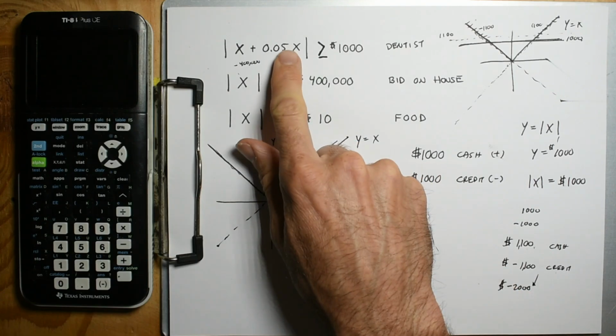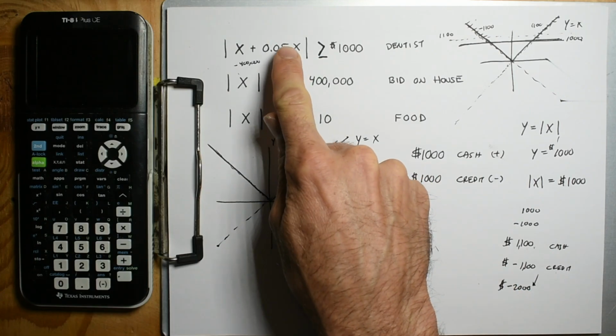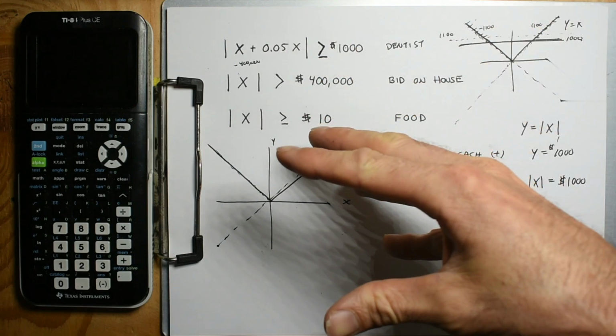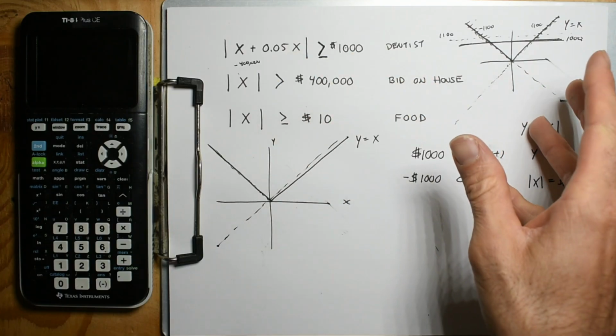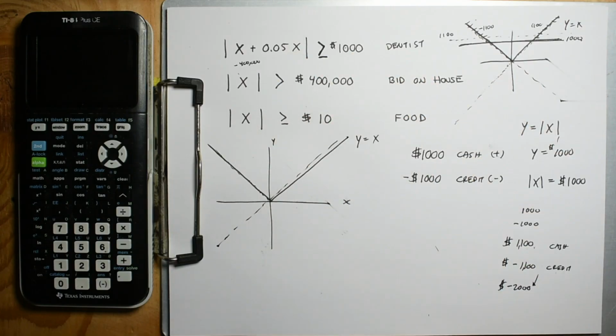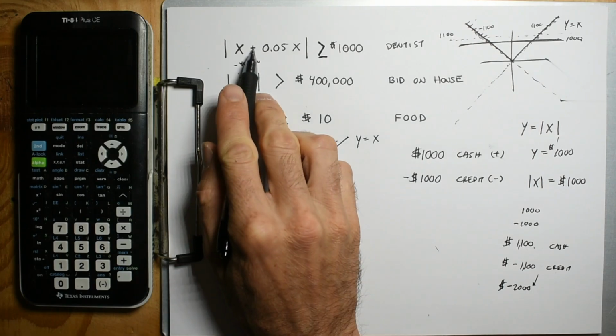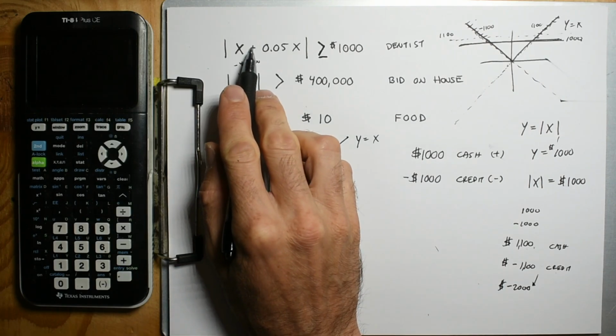What I wanted to do here is, if you actually pay cash, you get a discount, but if you pay credit, then you actually pay more. So I wanted to show that. I think I need a negative right here. I'm trying to think of what I need.